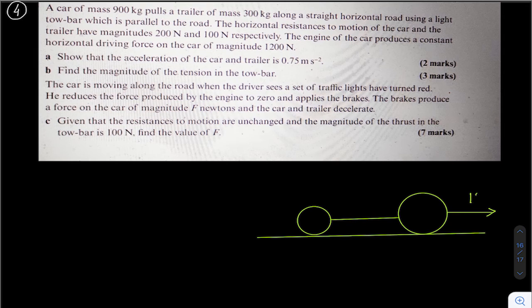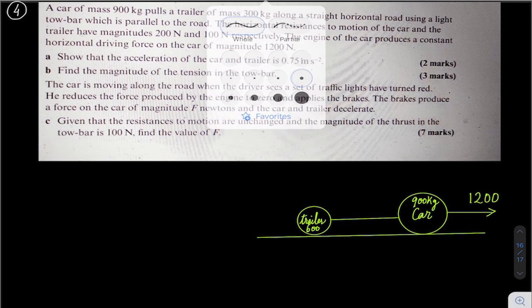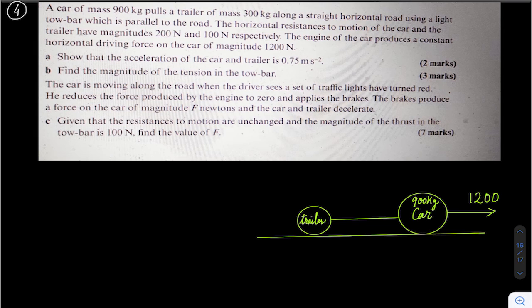So this is 1200 newtons. So this is my car and this is my trailer. Okay, so mass of car is 900 kgs and the mass of trailer is 300 kilogram.